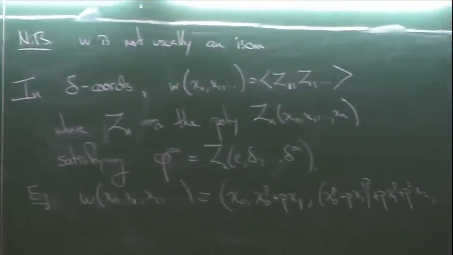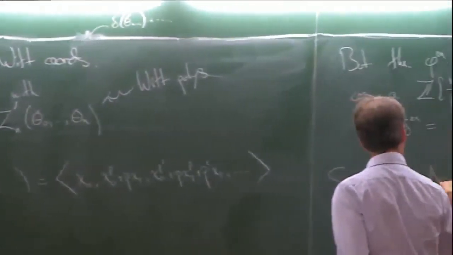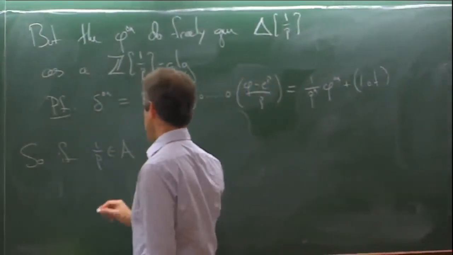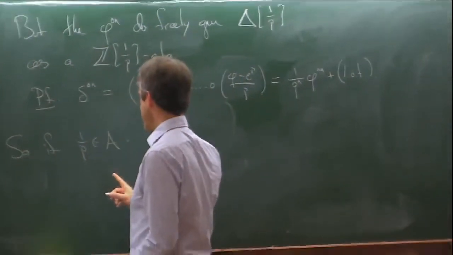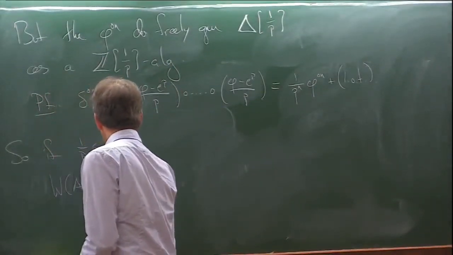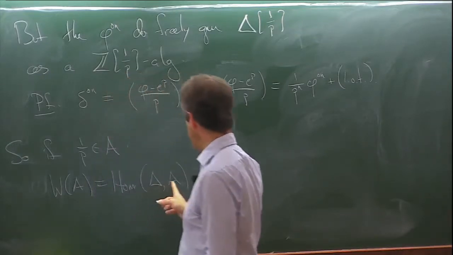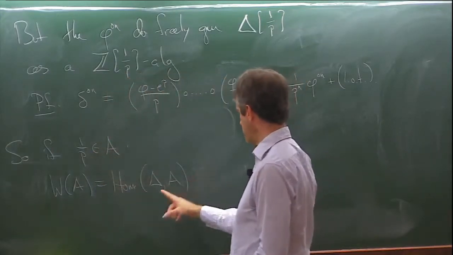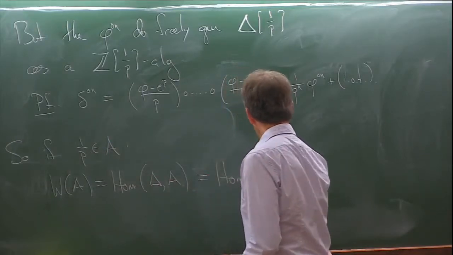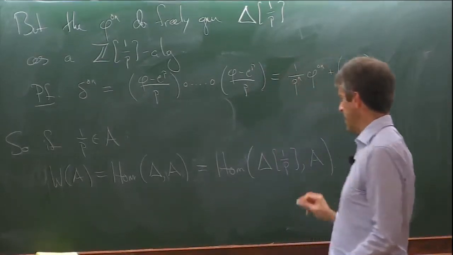Right, so a consequence of this: now we're going to consider Witt vectors of rings in which p is invertible. If 1 on p is in A, then what do we have? We have the Witt vectors of A can be identified with ring homomorphisms from delta to A, but A is an algebra in which p is invertible, so we can invert p also on the domain, and we get the same thing.